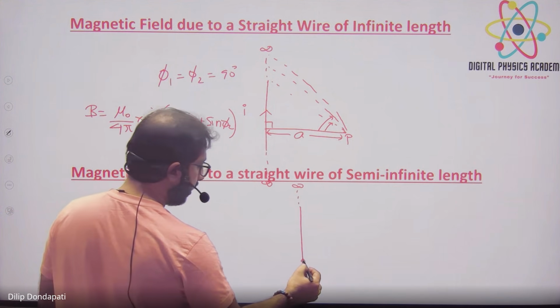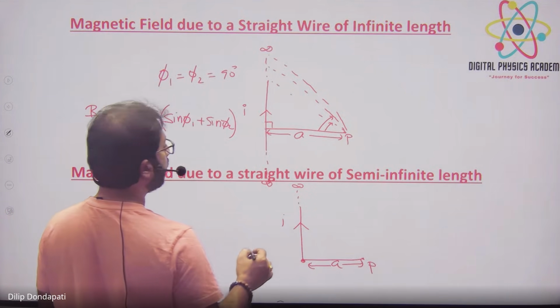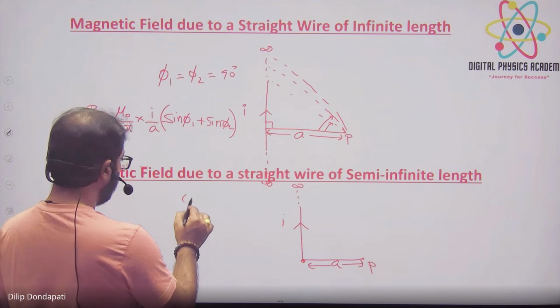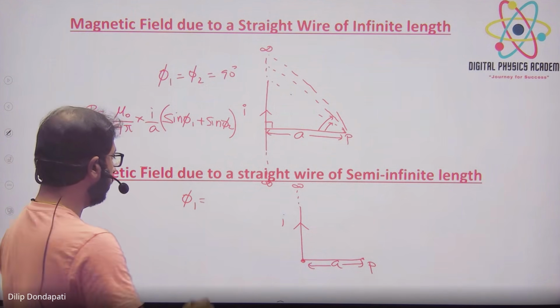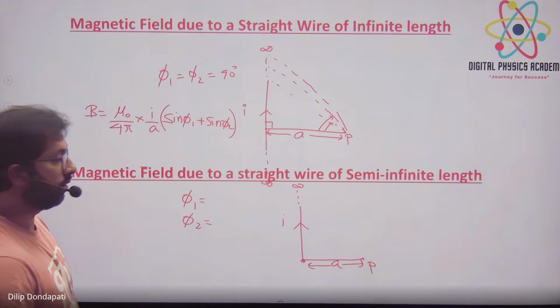Semi-infinite wire. At distance A from here, I want to find the magnetic field at this point P due to the current carrying wire. Tell me, phi 1 is how much, phi 2 is how much? Phi 1 is 90 and phi 2 is 0.